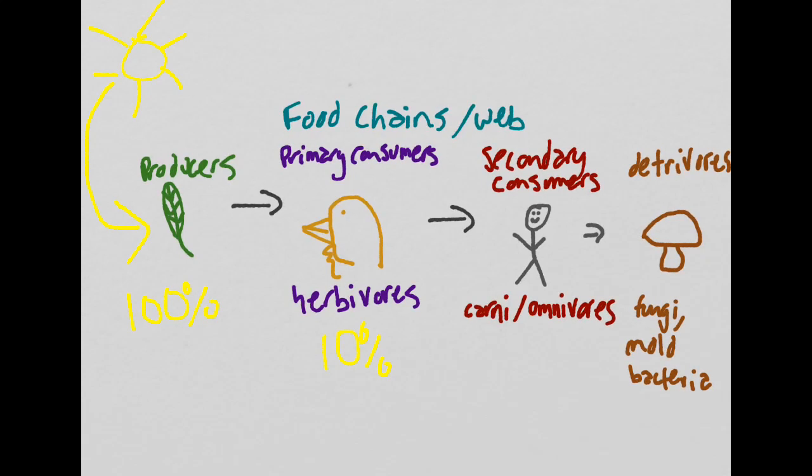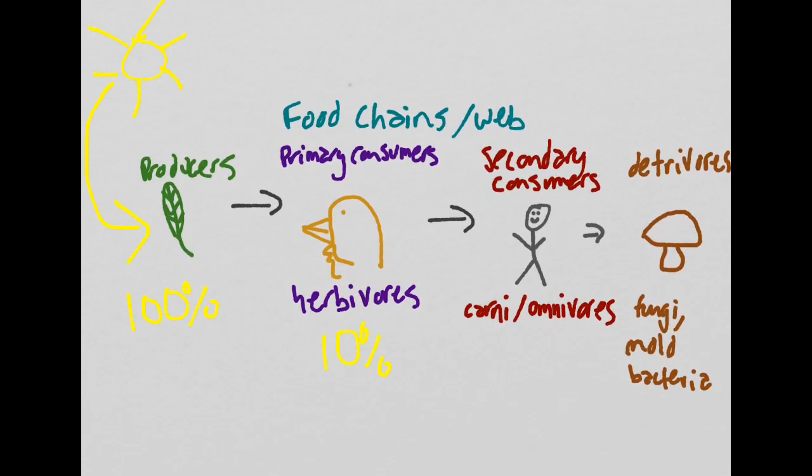Now, why is that? Well, primary consumers eat the producers. And say they eat 10 pounds of plants in a day. 90% of those calories, so 9 pounds of those plants, will go to fueling their daily activities, their own life, pumping their heart, keeping them alive to roam around, find their own food.